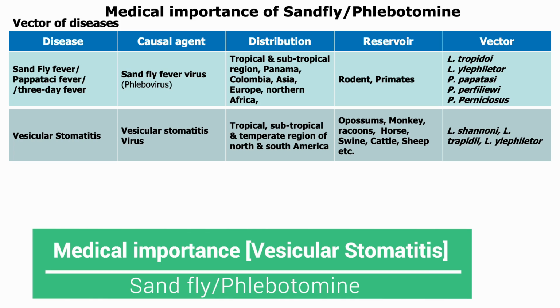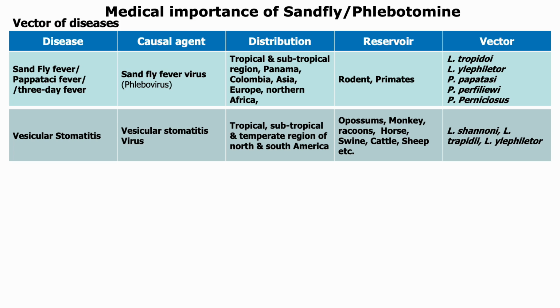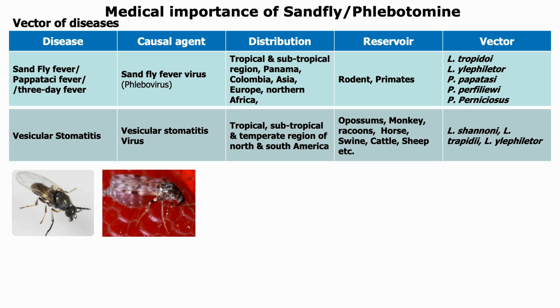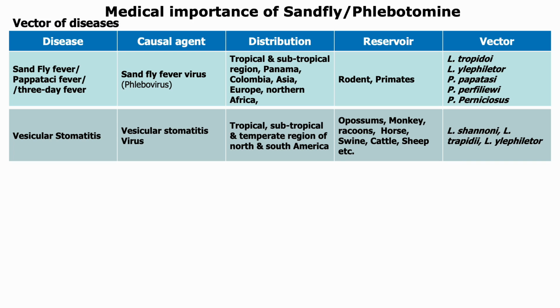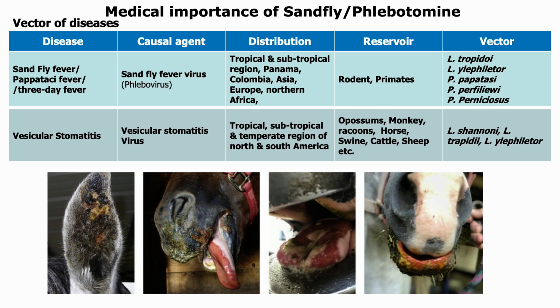Sandfly act as the vector of vesicular stomatitis virus. This virus has also been detected from different flies such as black flies, biting mites, houseflies. It is particularly important for livestock, causing acute febrile, weakening disease of horses, cattle, swine, and also sheep and goats. In this viral infection, blisters can be seen in mouth, on feet, teeth, and also other parts of the body.